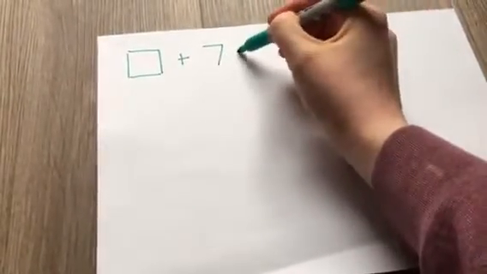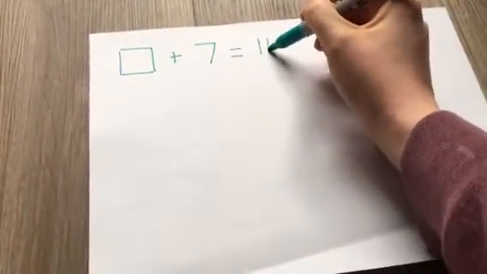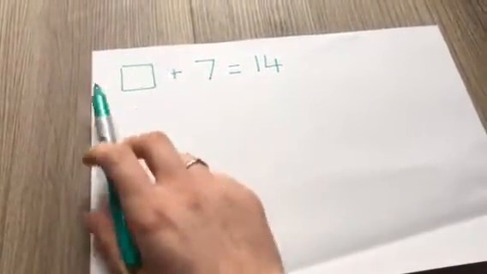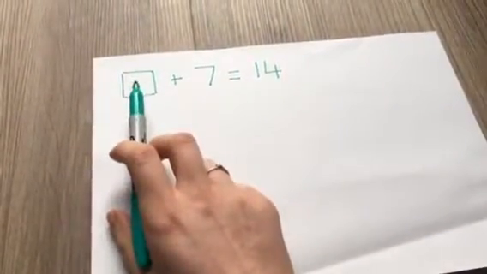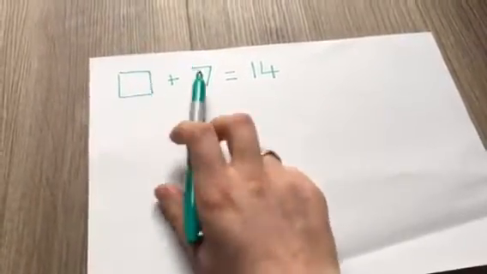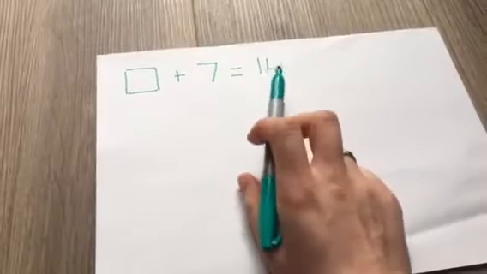Now if they were doing the inverse for an add, let's say they had something add 7 equals 14, we would then talk about, well, I know that this number has to be another small number because my biggest number always goes at the end.